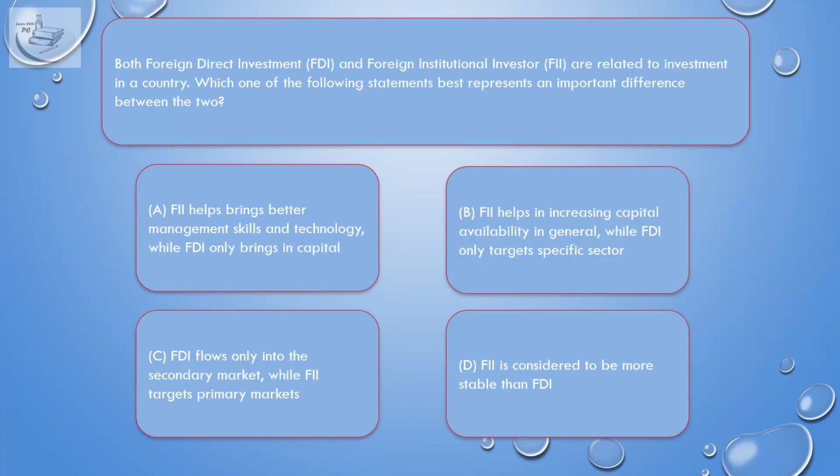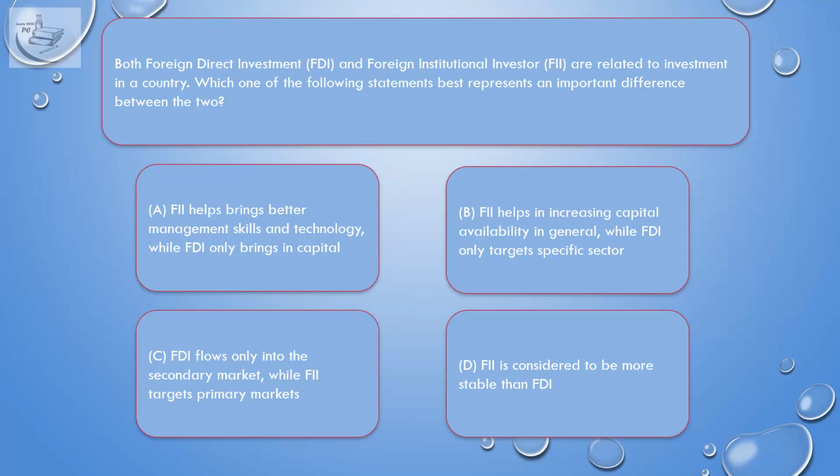Question: both foreign direct investment (FDI) and foreign institutional investor (FII) are related to investment in a country. Which one of the following statements best represents an important difference between the two? A. FII helps brings better management skills and technology, while FDI only brings in capital. B. FII helps in increasing capital availability in general, while FDI only targets specific sector.